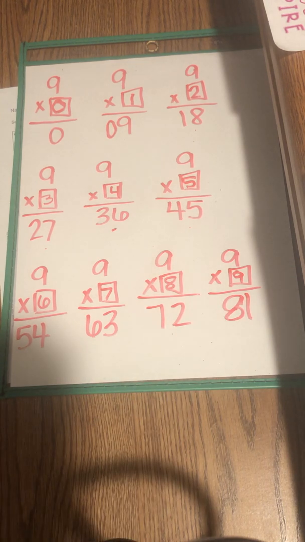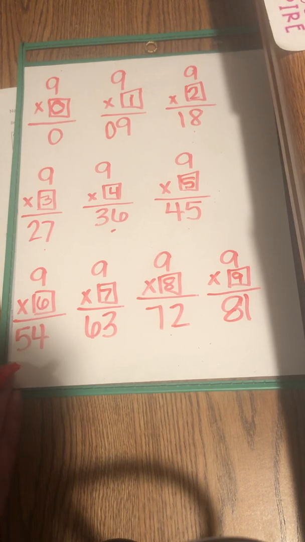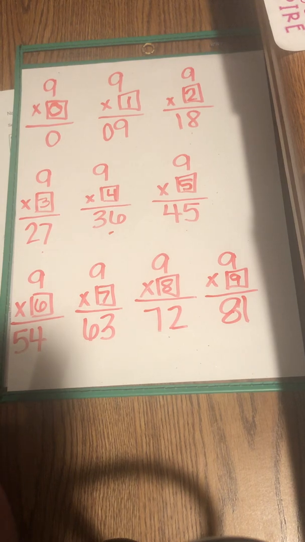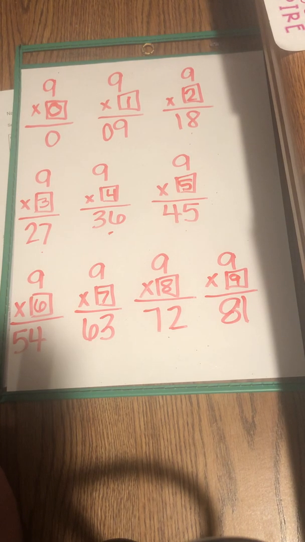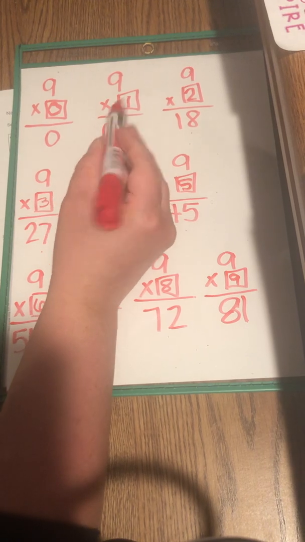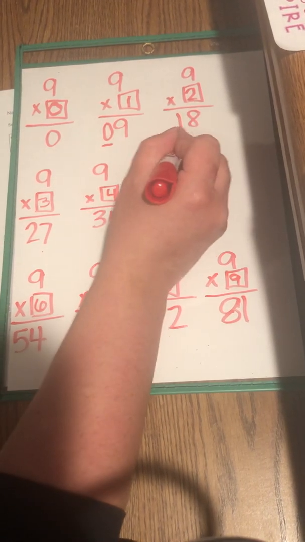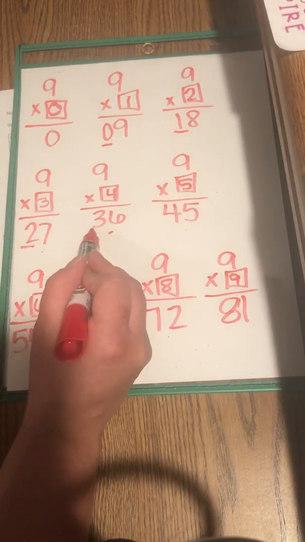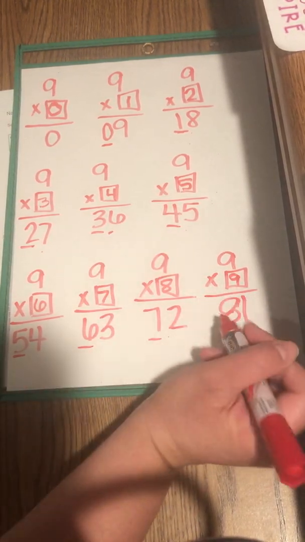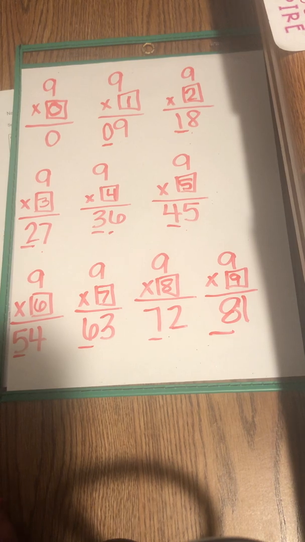So what are our ones doing? Our ones are decreasing by 1, aren't they? So with every number, starting with 9, as we go down, or times 1, it goes down 1. So now let's look at our tens, and that's why I've put a 0 in this one. So our tens go 0, 1, 2, 3, 4, 5, 6, 7, 8.